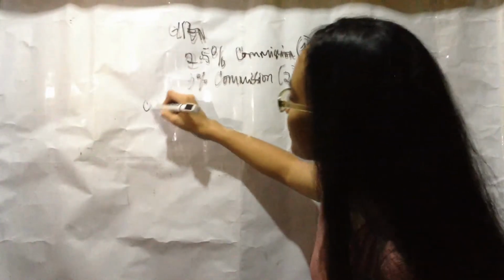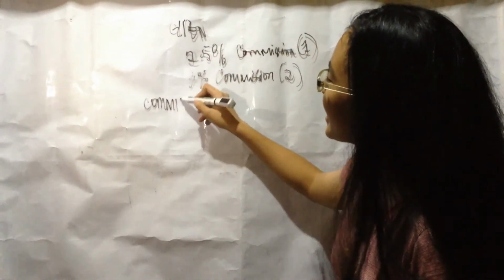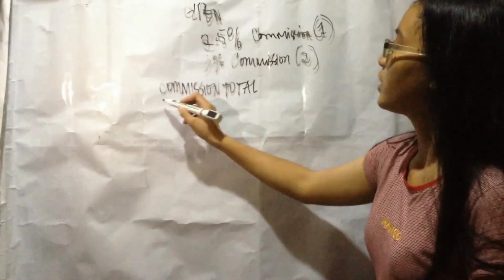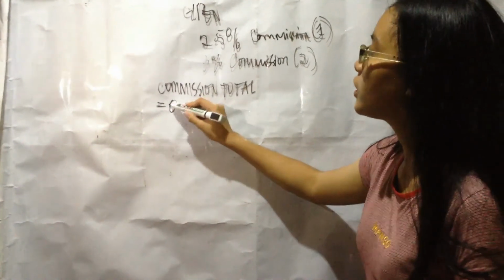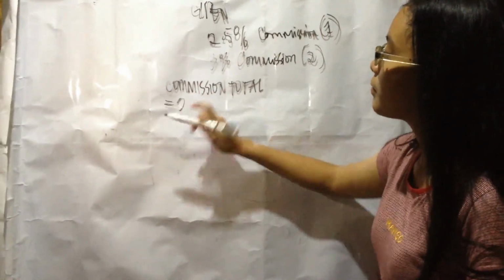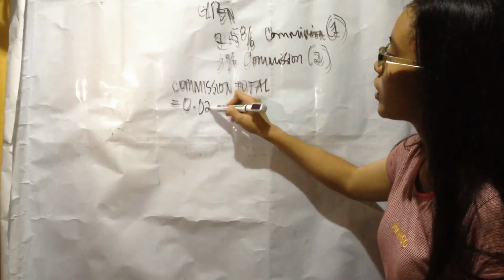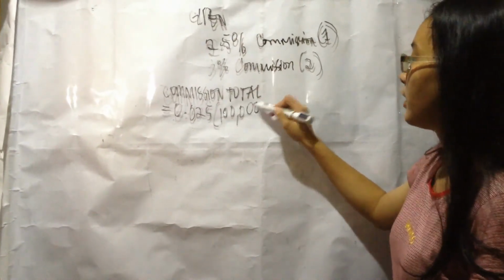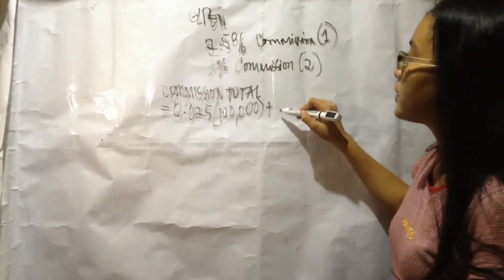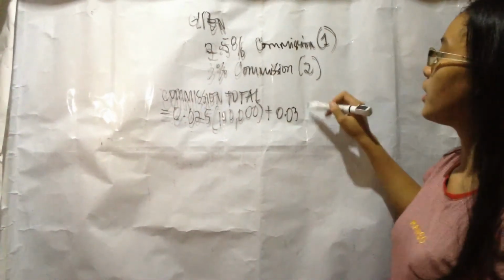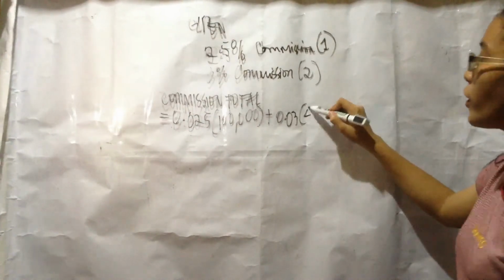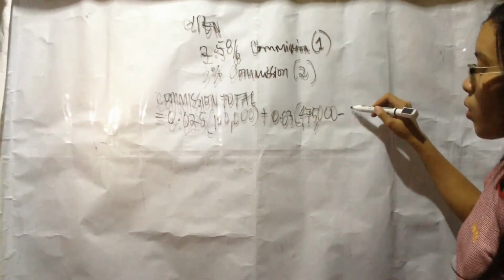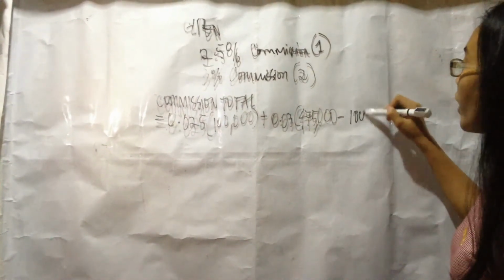So, 0.025 times 100,000 plus 0.03 times 475,000 minus 100,000.